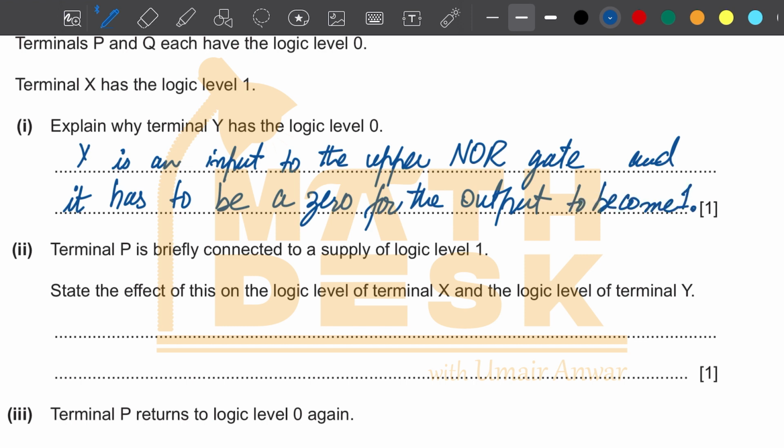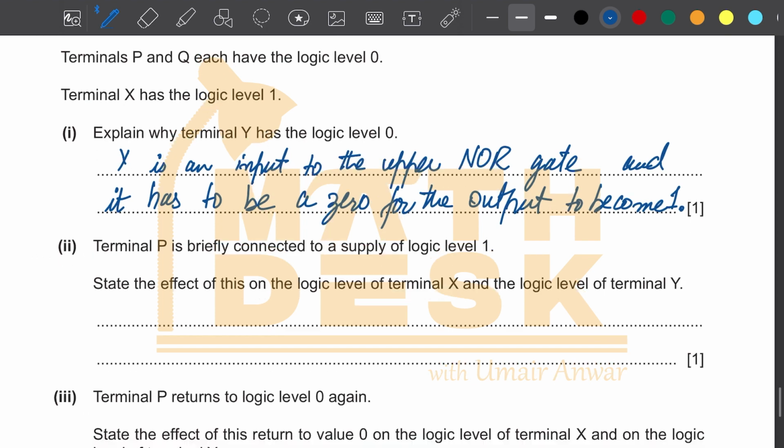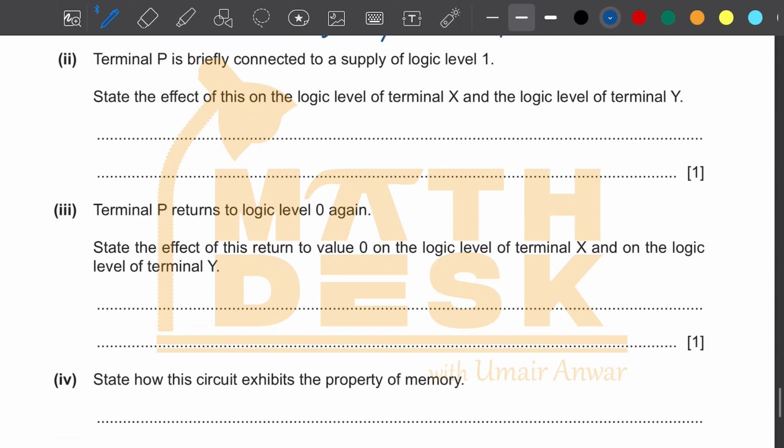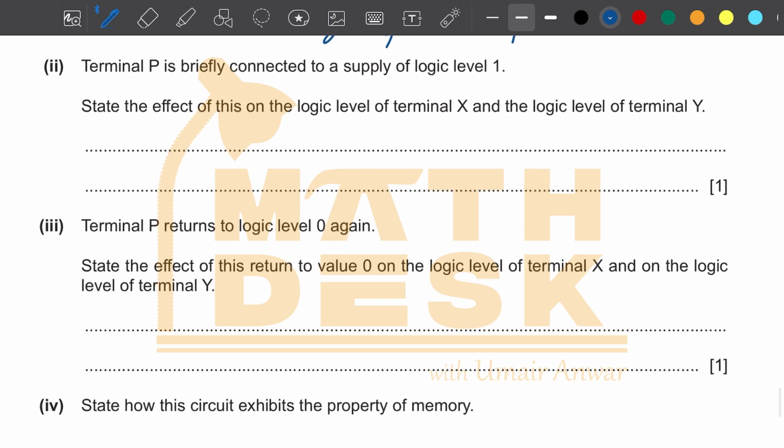So since the output of the upper NOR gate is 1, the other input also has to be 0. The next part says terminal P is briefly connected to a supply of logic level 1.